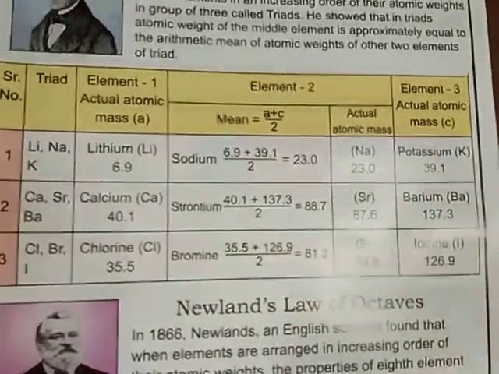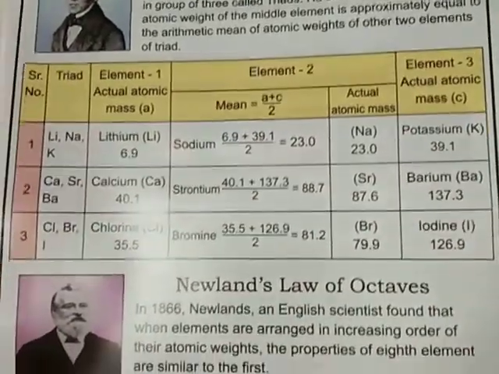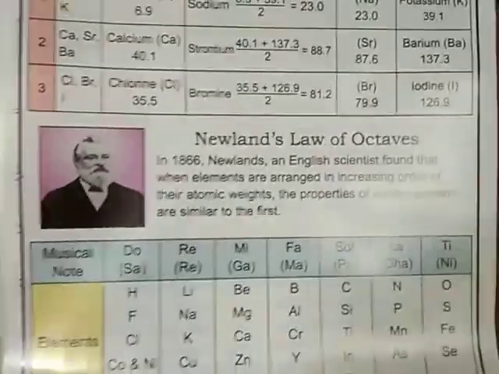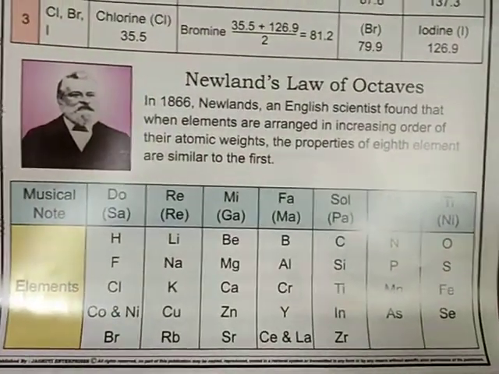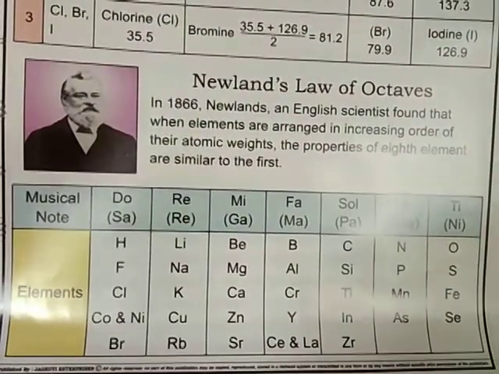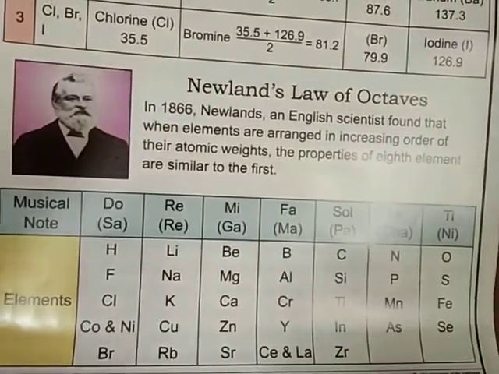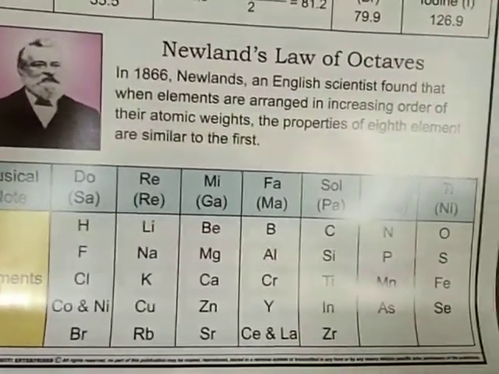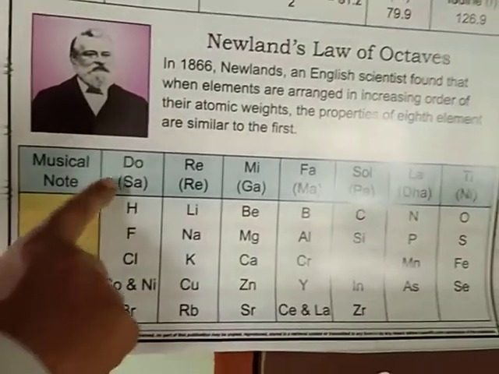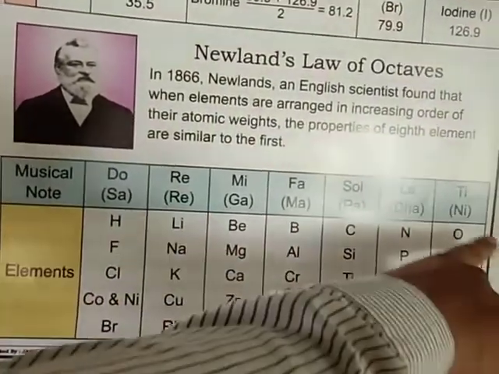Then the second scientist, Newland's law of octaves. In 1866, Newland, an English scientist, found that when elements are arranged in increasing order of their atomic weights, the properties of the 8th element are similar to the first. That means this is the first element and this is the second element.